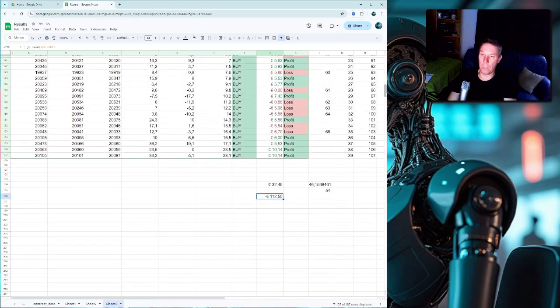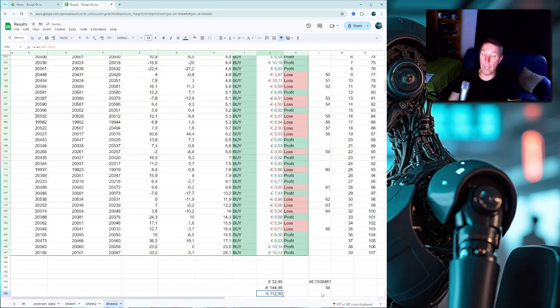But we're gonna look at the other one too, and that should be the rest in principle. Then we would have a loss of 144. Yeah, 144 minus the 32 positive is 112. The calculations are correct.